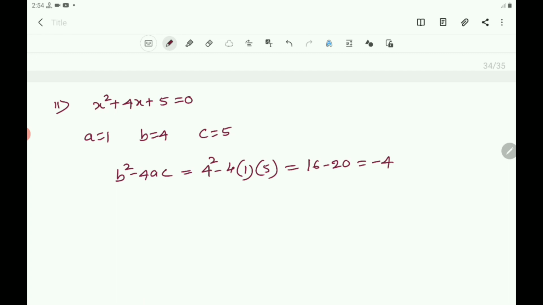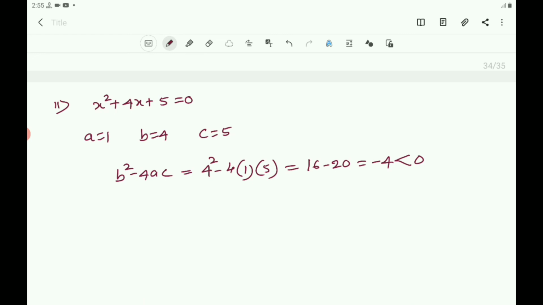Here 20 is greater than 16 and it has a negative sign, so you must subtract 16 from 20 and write the negative sign. You got minus 4. Minus 4 means it is less than 0. So you can say that the real root does not exist, since the square of a real number cannot be negative.